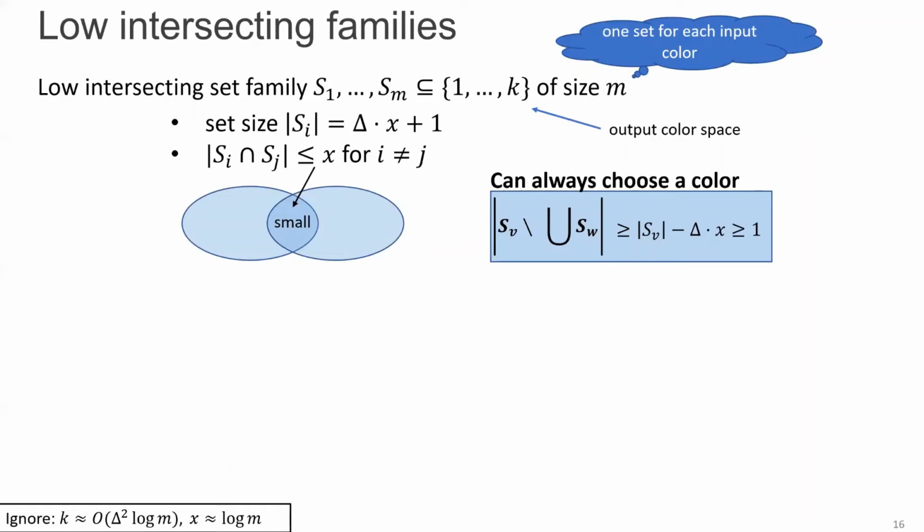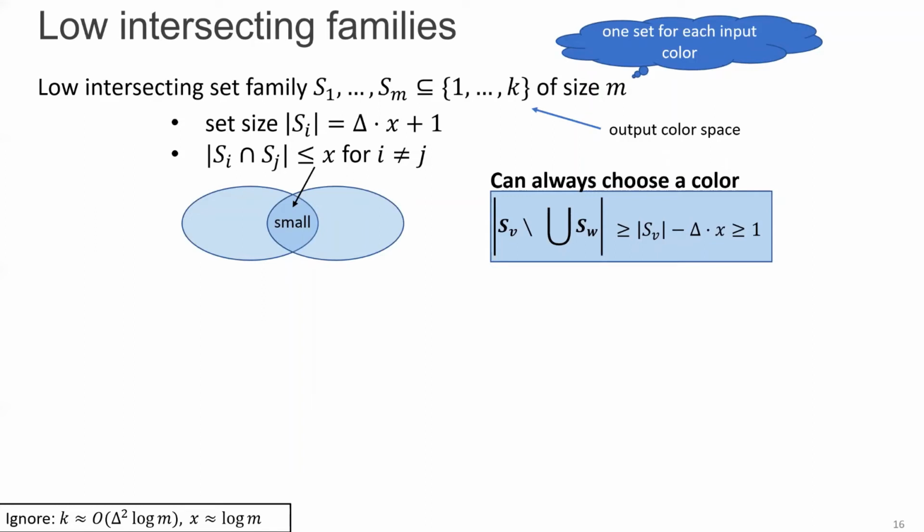So you need M sets S1 to Sm, such that pairwise these sets have a small intersection. You don't need to look at the specific choice of parameters here, but pairwise they have a small intersection and each set is large. And now if you remove all the intersections with one of your neighbors and you have few intersections with each neighbor, then you have at least one color remaining if your set is large enough. And this is the whole algorithm.